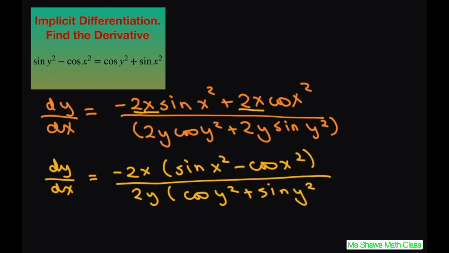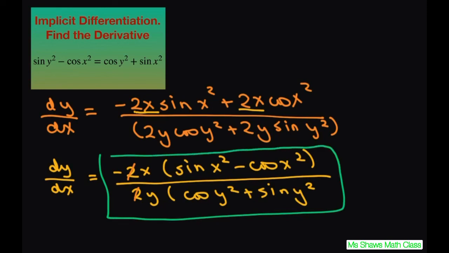And the only thing else you have to do is cancel out these 2's. So you'll be done with that once you just get rid of those 2's there. Let me put a little parentheses here, and that's it.